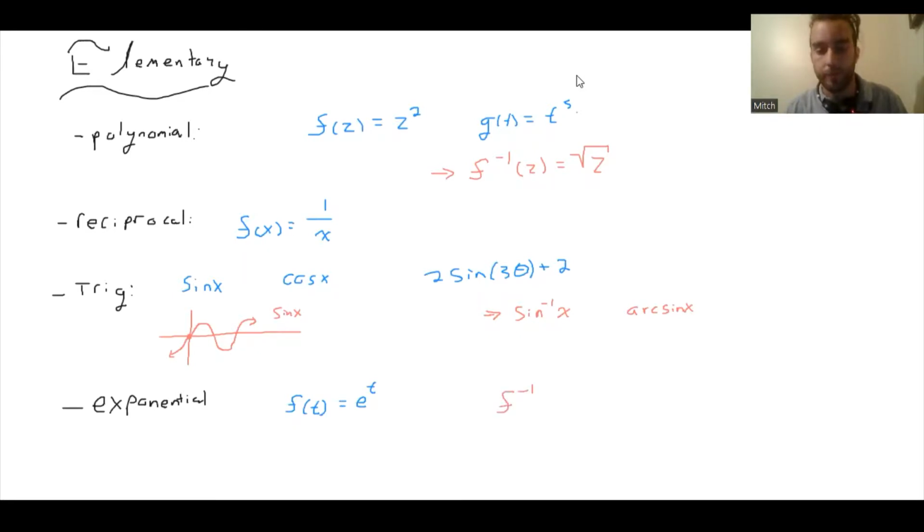So the inverse is going to be ln t. And so just make sure that you're able to recognize these elementary functions in their transformation forms, or however they're presented.